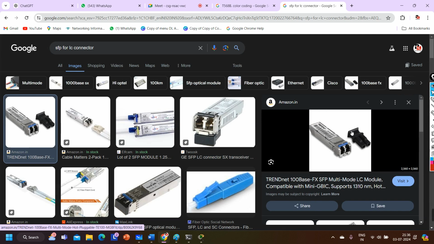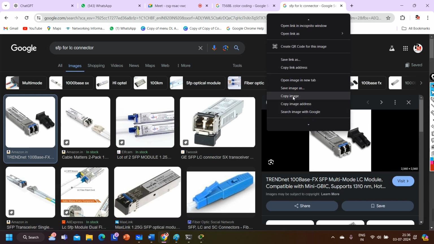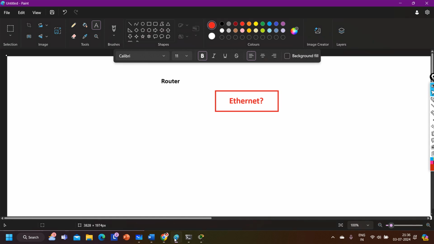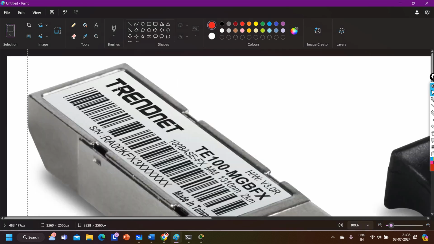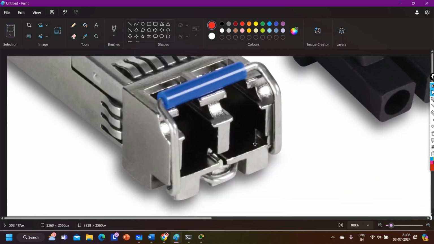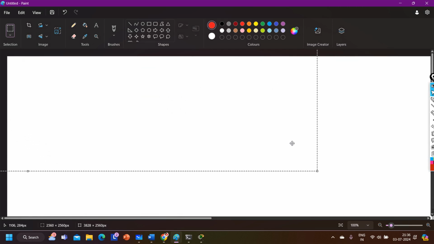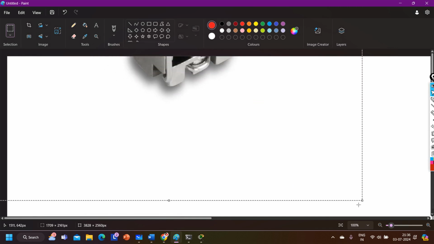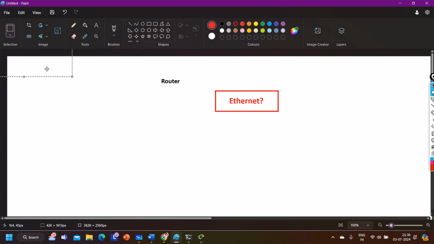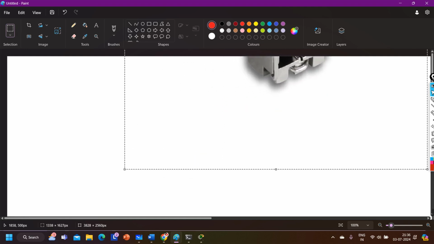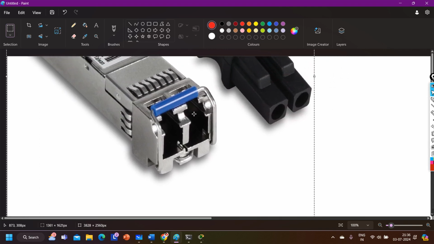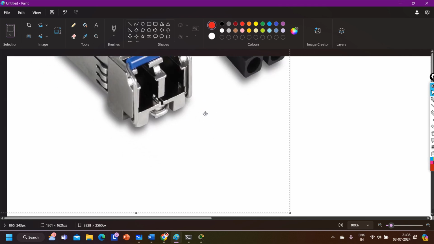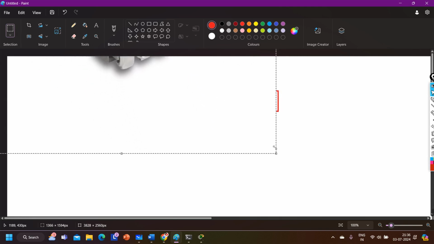SFP. So here you can insert the fiber cable.